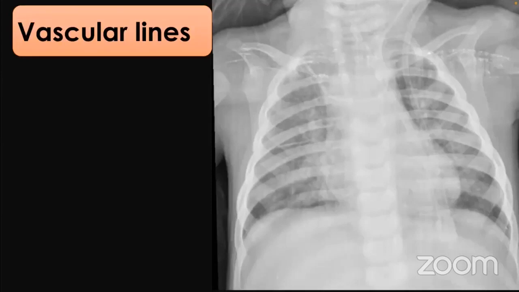It's inserted on the left side, and the tip is seen in the right subclavian vein here, malpositioned as well. This is the course of the line.